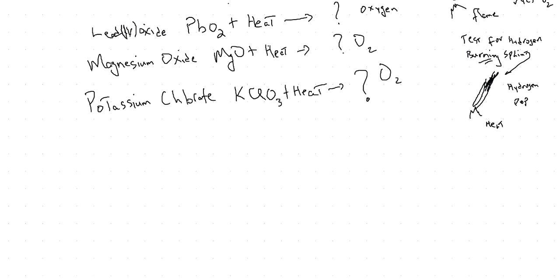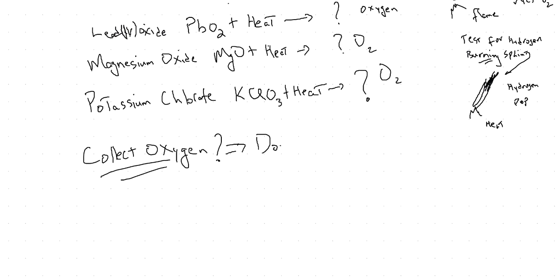Now, for us, what we want to do is collect the oxygen. The question is, how do we do this? We're going to use a method known as downward displacement of water.